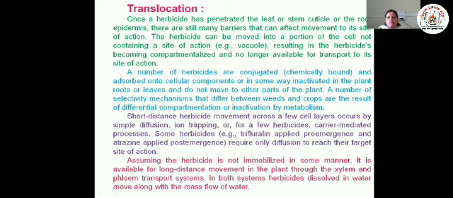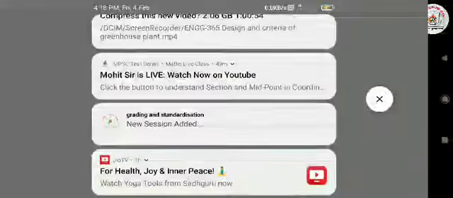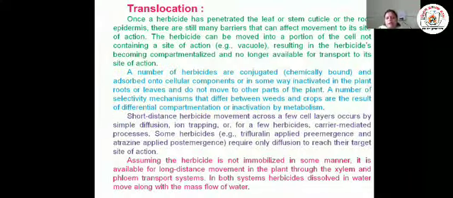See, next, short distance herbicide movement across a few cell layers occurs by simple diffusion, ion trapping, or for a few herbicides carrier-mediated processes.